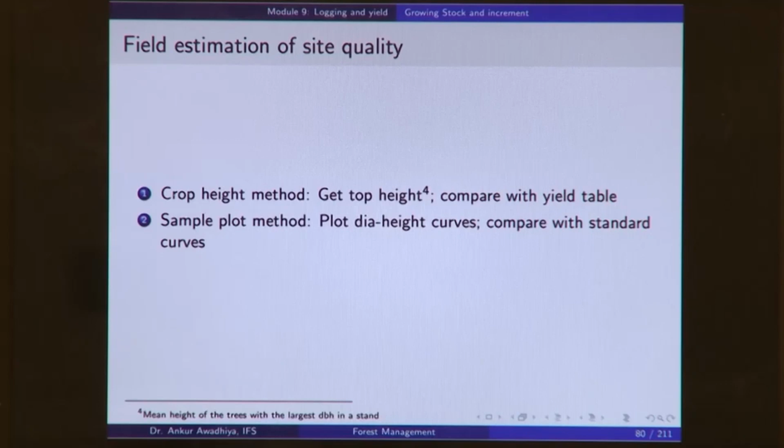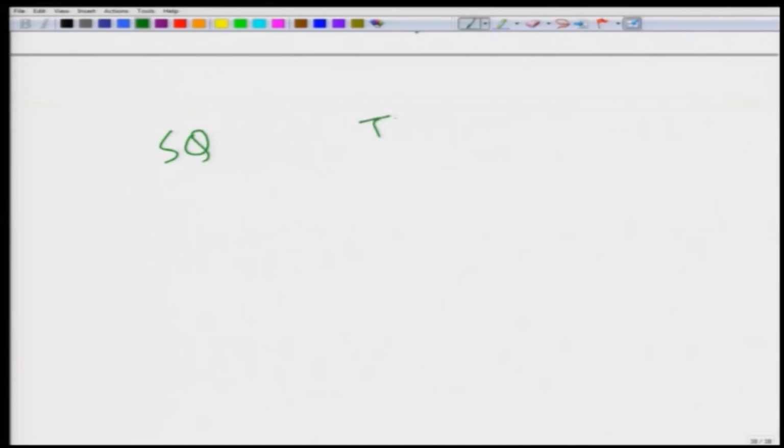And when you do that, you can compare the top height with the yield table. A yield table is a compilation of the growth statistics of different stands at different points of time. In a yield table, it will give you an idea of the site quality and the top height.